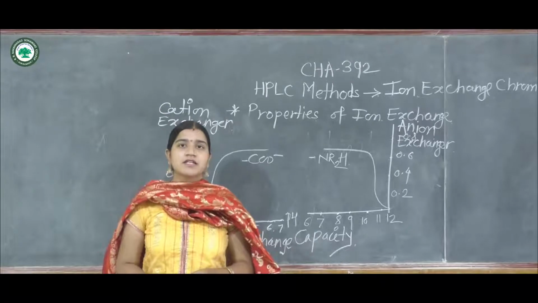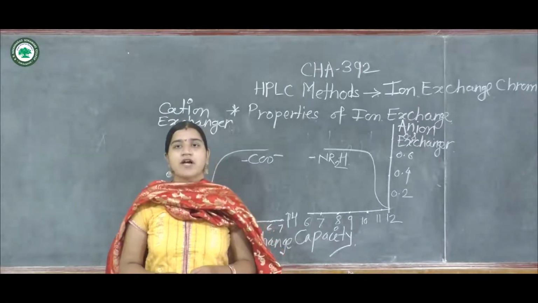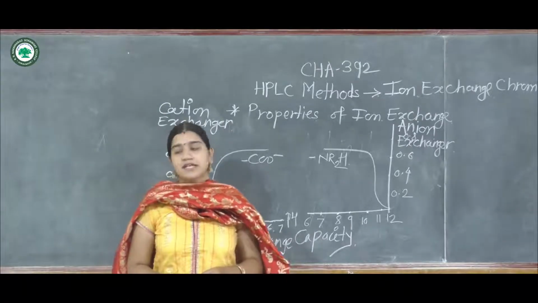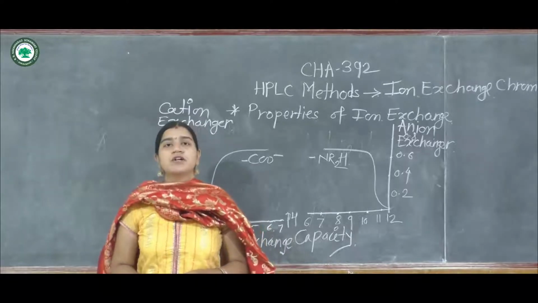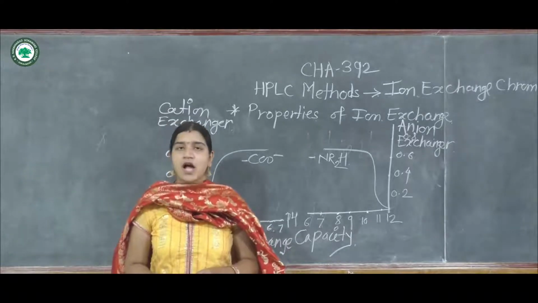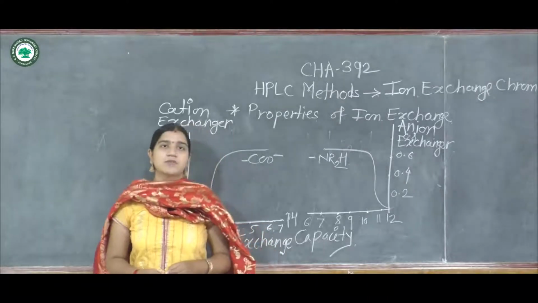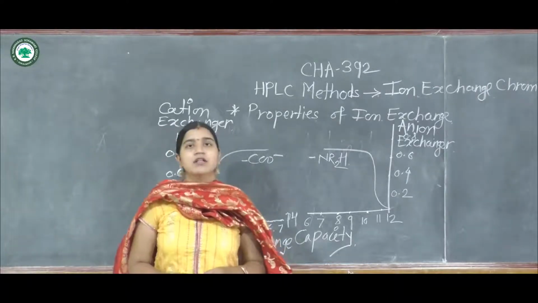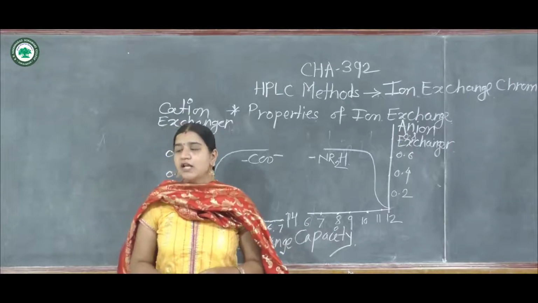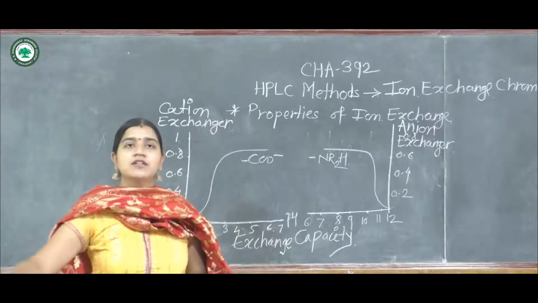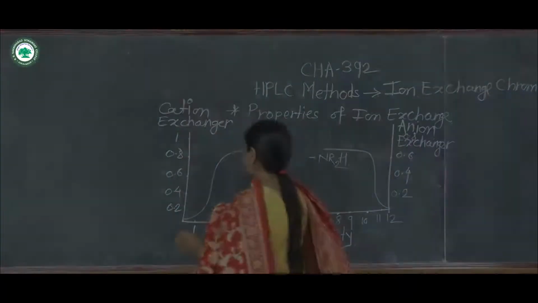Now after studying these different properties of ion exchange material, the next thing is the influence of the mobile phase. How the mobile phase affects the ion exchange chromatography for the separation, this is the important phenomenon. So the next point is the influence of the mobile phase.